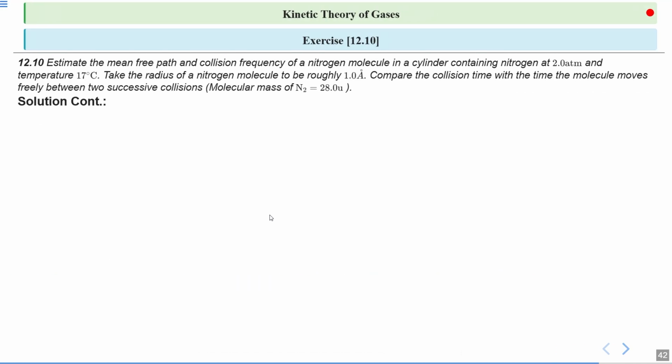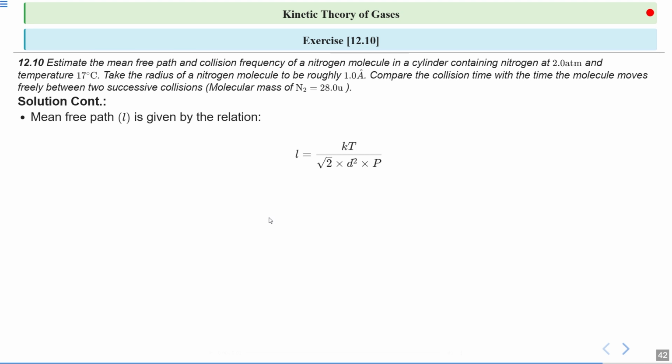Now mean free path is given by the relation. The mean free path, denoted as L, is given by the equation L is equal to kT by under root 2 d square into P. Here k is the Boltzmann constant, T is the temperature in Kelvin, d is the diameter of the molecule, and P is the pressure.